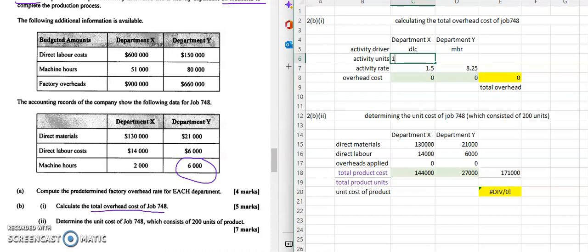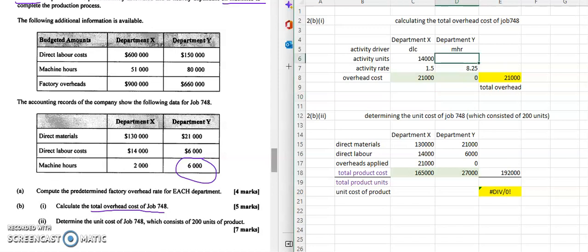Since Department X is using direct labor hours, I'll just come here, get the direct labor hours, and I'm going to multiply it by 1.5 or find 150% of that number. So this is $14,000 times 1.5 will tell us that Department X, the overhead for job 748 is $21,000, and for Department Y, in that same job, where we're using machine hours, we can see that the machine hours is 6,000.